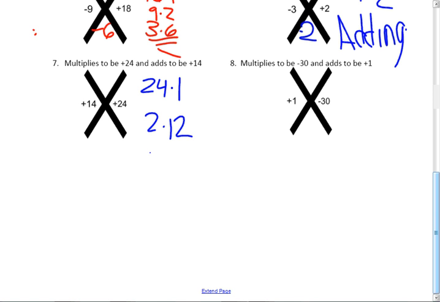Okay, 3 times 8. And what's the last one? 4 and 6. Okay, oh, I already had it. Which one's going to give me 14? Sarah, which one gives us 14? Yep, that's it. If they're all positive, it's easy. If you get negatives, it gets harder.